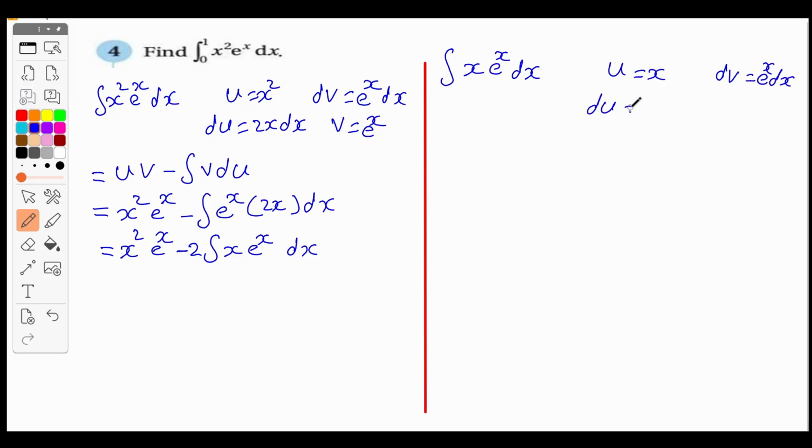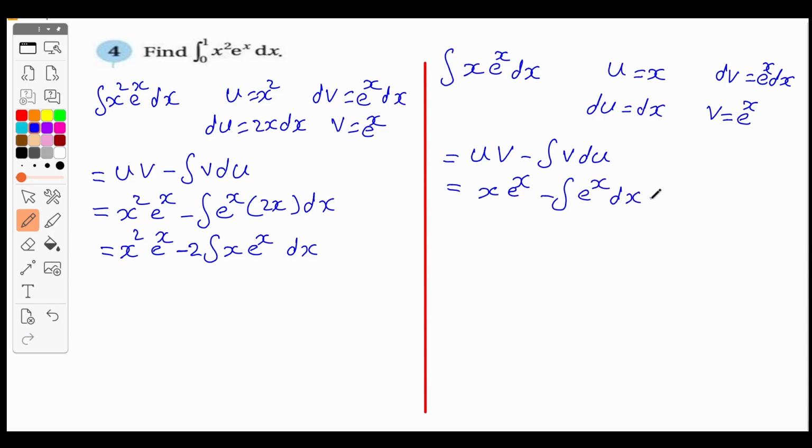So du equals dx, and v equals the integral of e to the x, which is itself. So it will be uv minus the integral of v du. uv is x e to the x, minus the integral of v du. V is e to the x, du is dx.